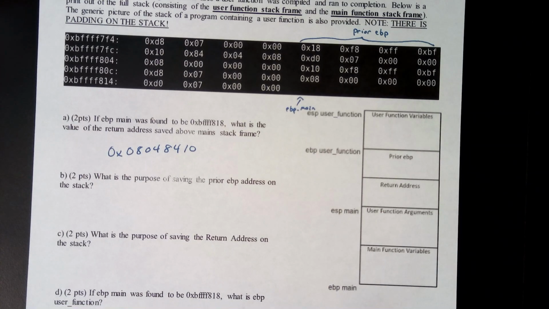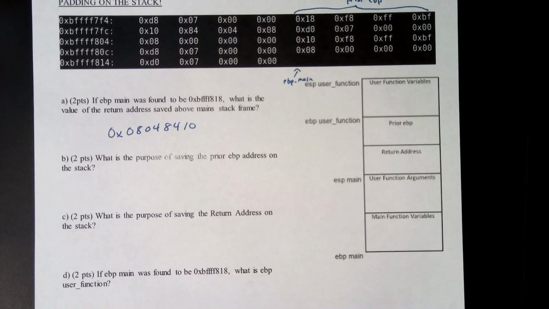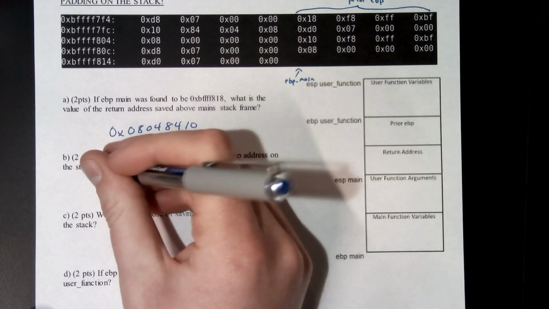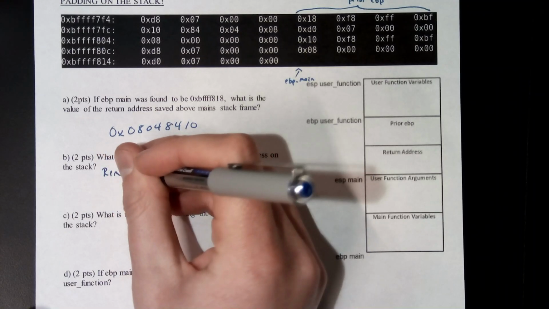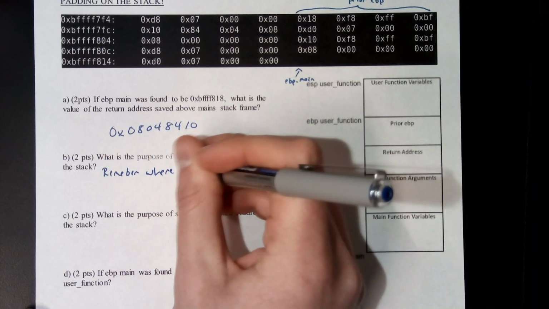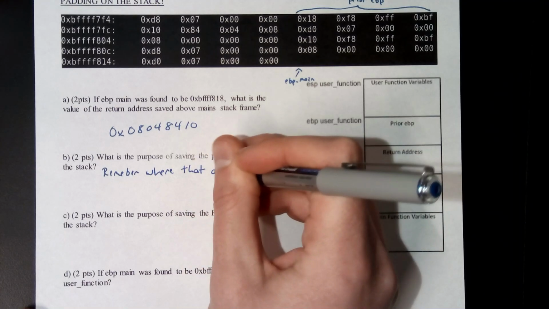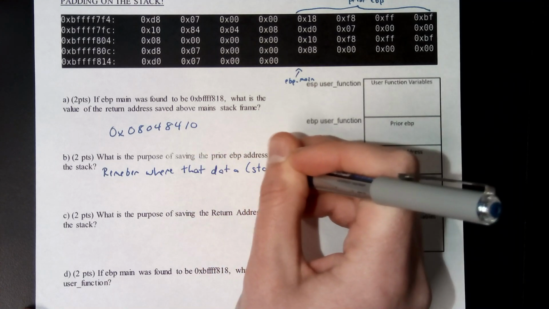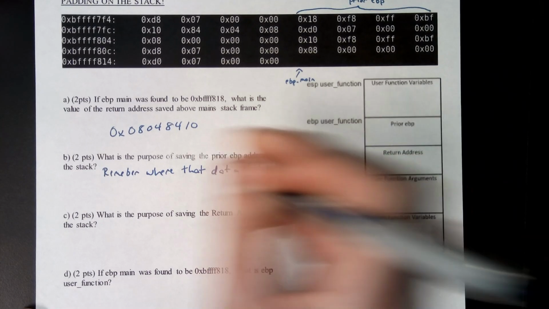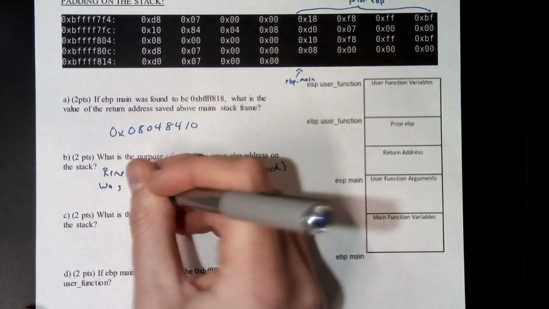Next up, what is the purpose of saving the prior EBP address on the stack? When we call a function, we need to remember 2 things: where our data was when we were in main, and where our code was when we were in main. So this is to remember where the data, or stack, was in main.